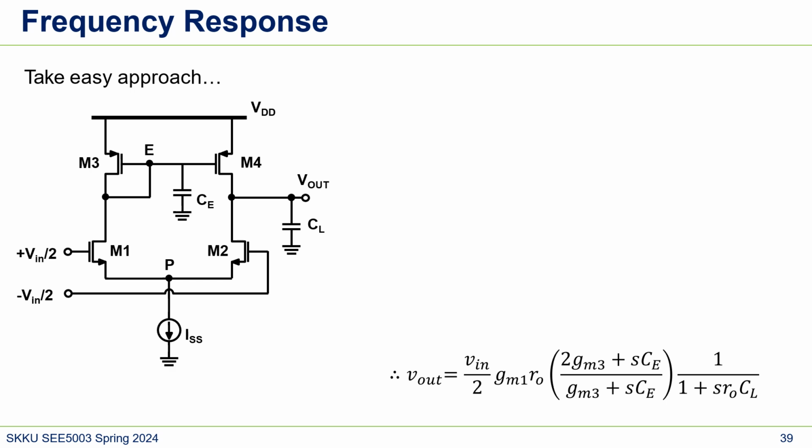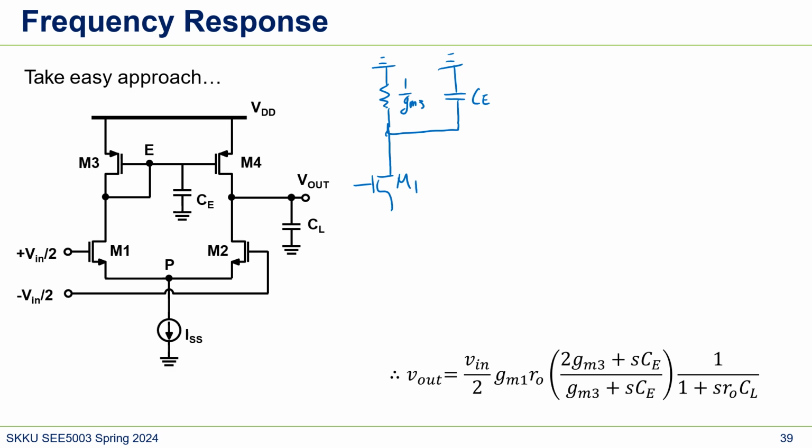What we can do here is, this can be 1 over GM3, AC ground, and also RO, not RO, just ignore that, CE. And let's say here's M1.